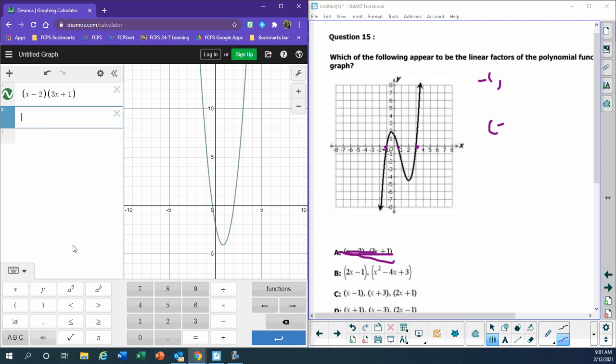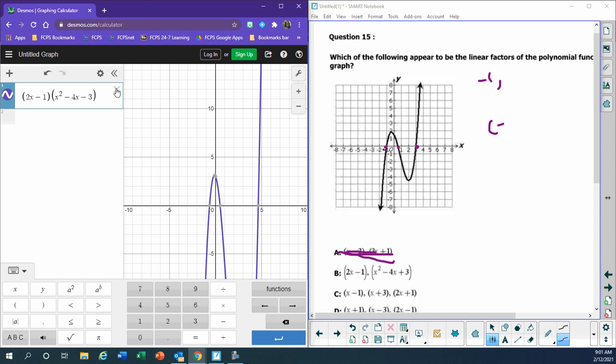Sorry, let's try B. I should have muted my mic, but let's type 2x minus 1, close parentheses, open a parentheses, x squared minus 4x plus 3, and close parentheses. So let's delete this one. Is this the same graph? Huh?